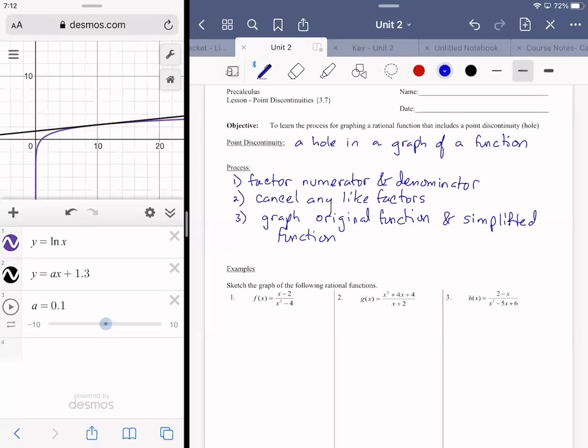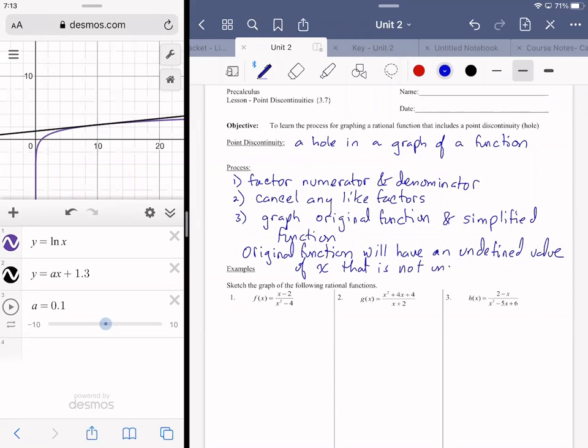The original function is going to have an undefined value of x that is not undefined for the simplified function.